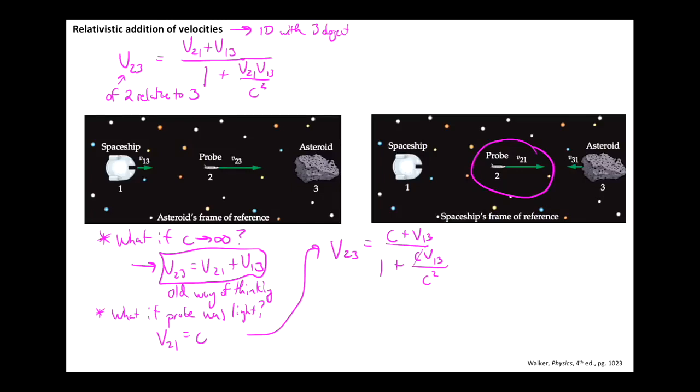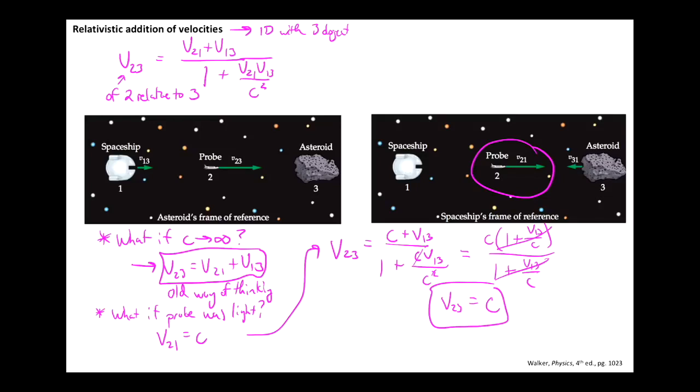So that c cancels with one of those. And then we could rewrite this as c times (1 plus v13 over c) over (1 plus v13 over c). Huh? What?